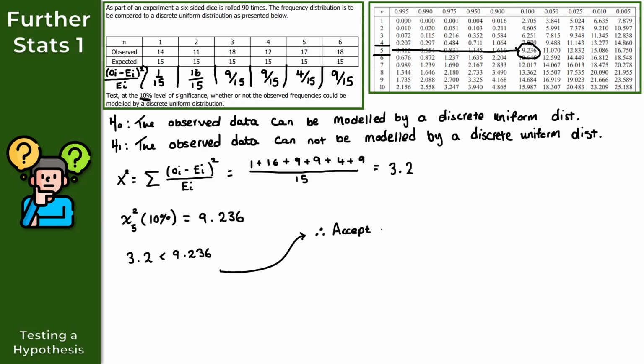So we accept H naught here. What we're going to say then is we have insufficient evidence at the 10% level of significance to reject H naught, and from there we can conclude that the dice is not biased. So, insufficient evidence.